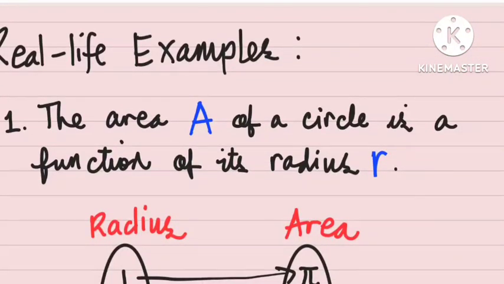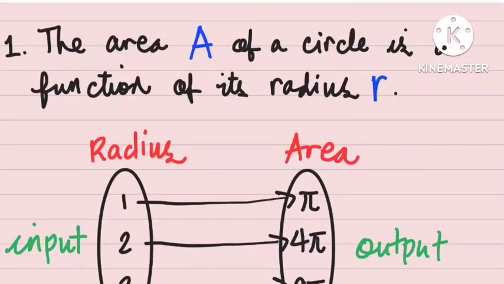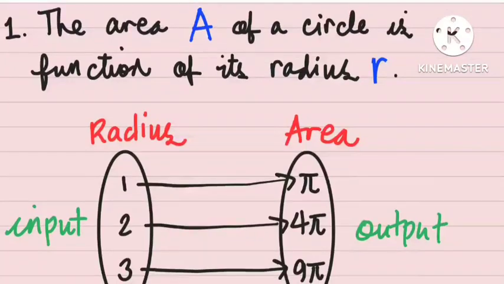So we see functions in real life situations, like in areas of a circle. The area of a circle is a function of its radius. Meaning, for every radius, we will get or obtain a corresponding area.